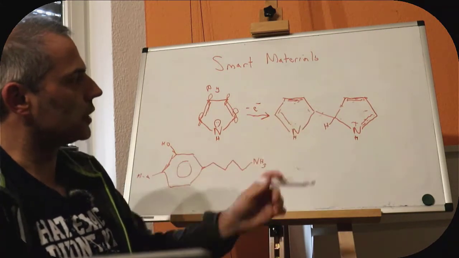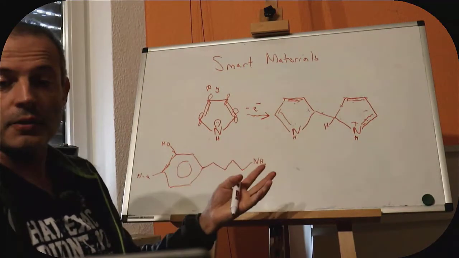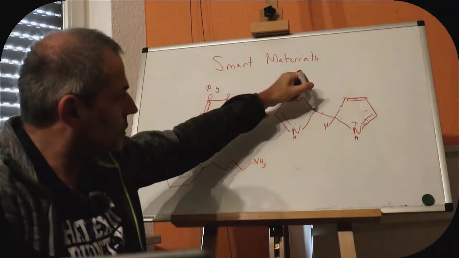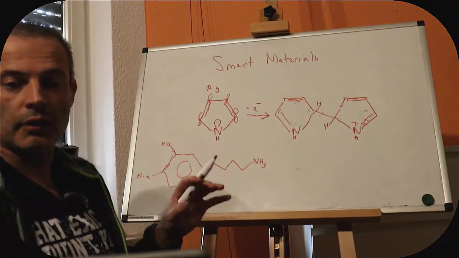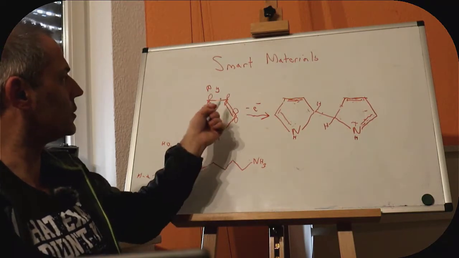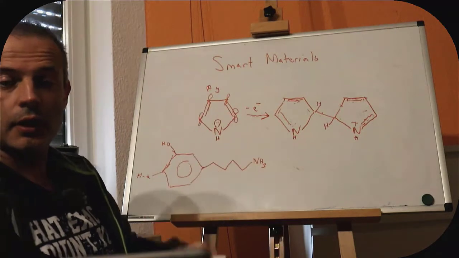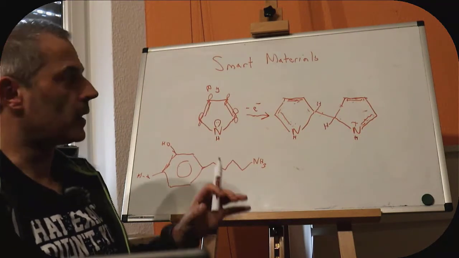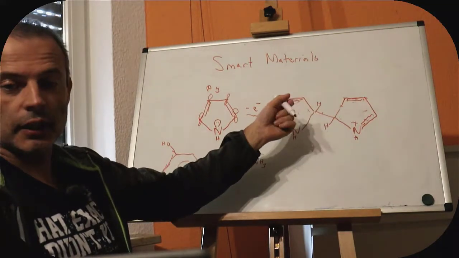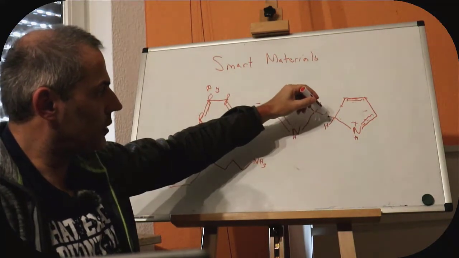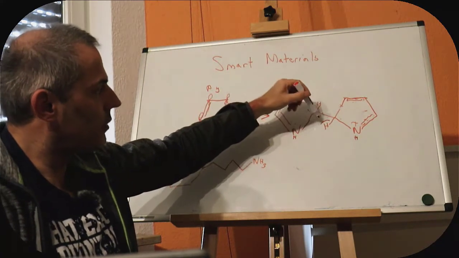So now we've got something that looks fairly symmetrical, but it's got to get rid of these 2 hydrogens to be able to close back up and be aromatic again, because this type of structure with 2, 4, 6 electrons in a pi structure is very stable. So to get back to that, we need to get rid of some hydrogens, and we will do that by taking them off.